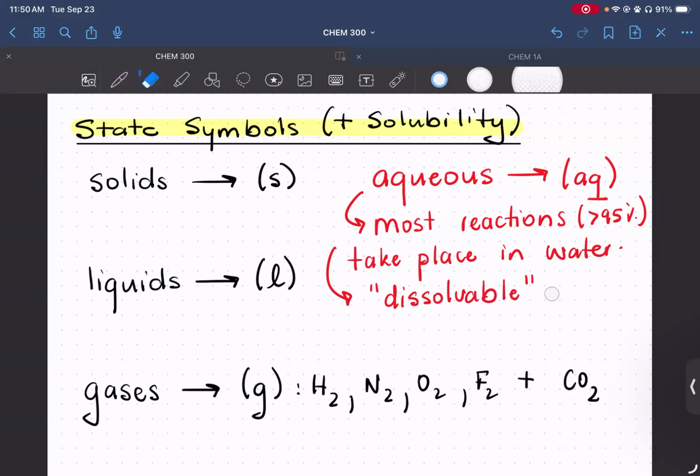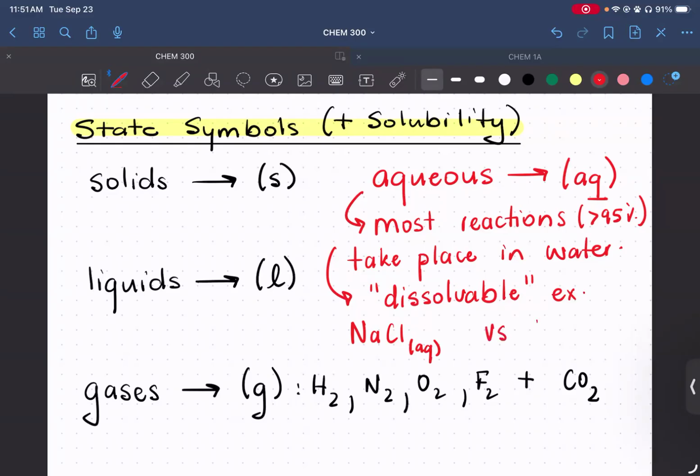An example of this is sodium chloride. Sodium chloride, we all might affectionately know this as table salt. We know for a fact that table salt is a solid. We can see it, we can buy it, there's no doubt about it. But we also know that table salt is dissolvable in water. For that reason, it is given the state symbol AQ.